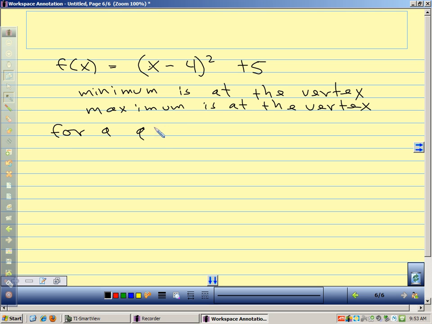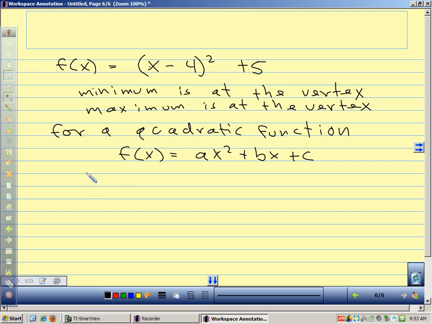If we have a quadratic function f of x equals ax squared plus bx plus c, the vertex is going to be at negative b over 2a for my x value, and my y value is going to be the function evaluated at negative b over 2a.